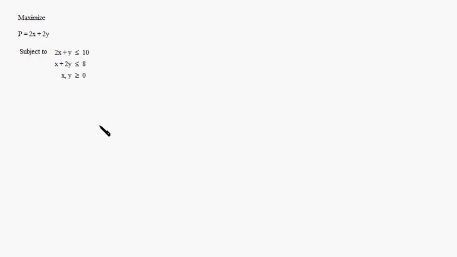All right, so let's sketch the feasible region here. First we're going to turn this into an equality. So here, this is going to be 2x plus y equals 10. Then we can find the x-intercept and the y-intercept from here.